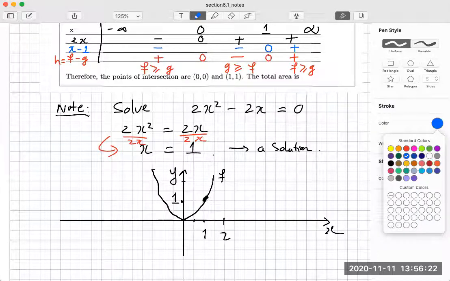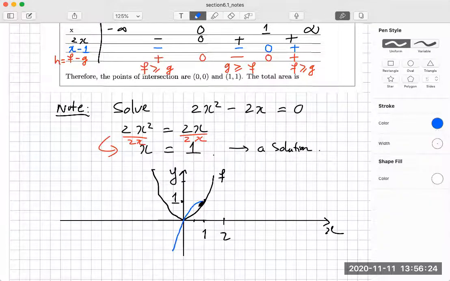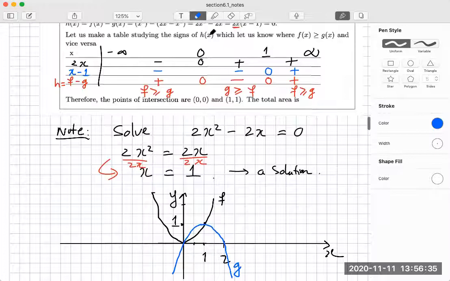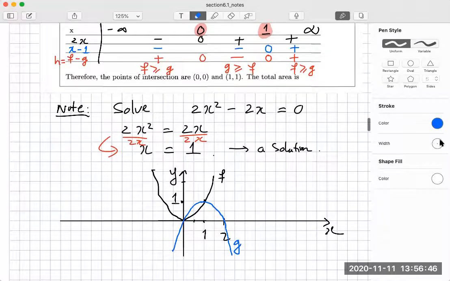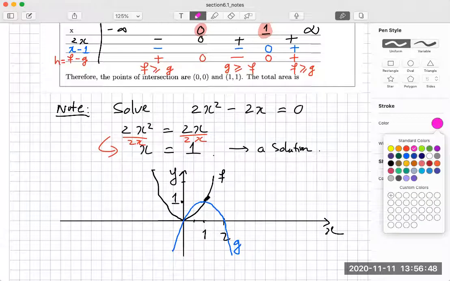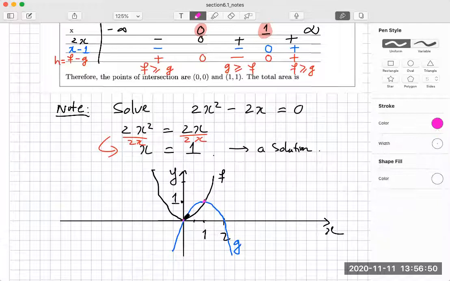And this is the function g. Okay. And the intersection is at 0 and 1. As you can see, the solution of the difference, or the position where f is equal to g, is at 0 and 1. These are the intersection points.